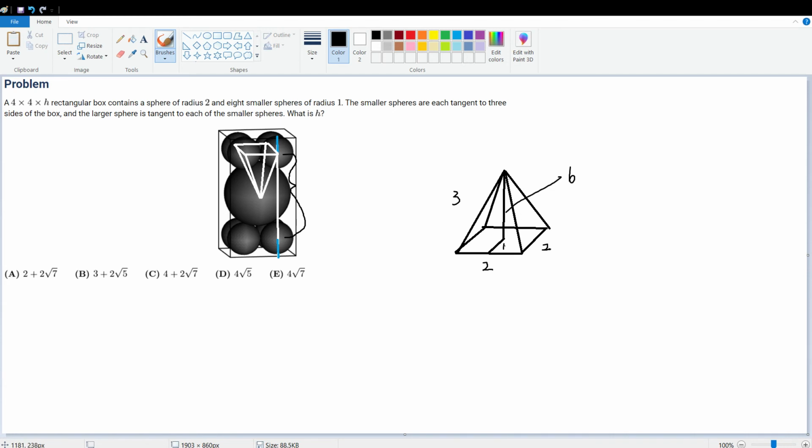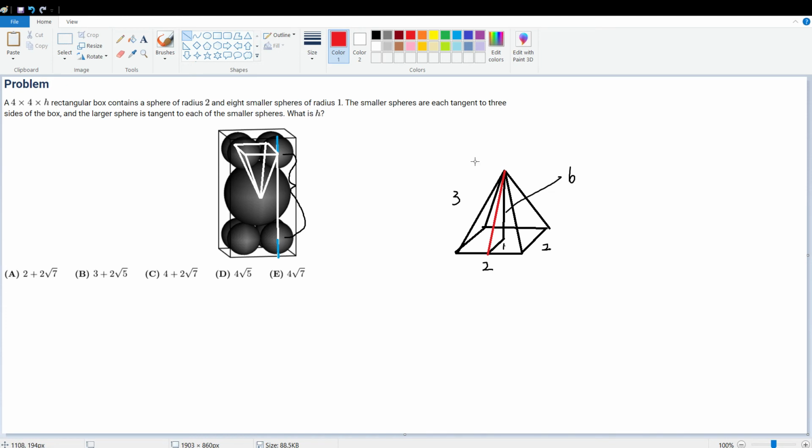Well, in order to use Pythagorean theorem, we might think of that because there might be a right triangle here somewhere. We need to find the slant height of this pyramid right here. So, maybe I'll mark it in red this time. And we're trying to find the slant height of this pyramid. So, how are we going to do that?